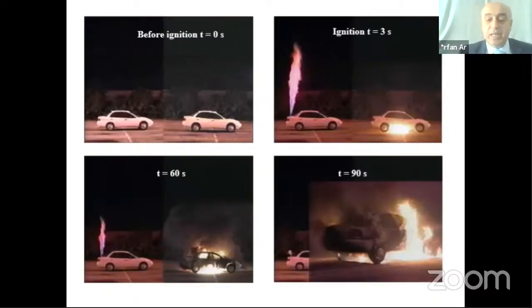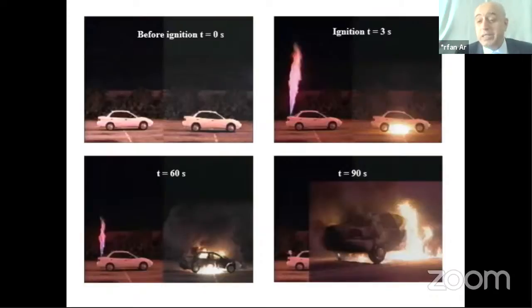And after 60 seconds, you see most of the gasoline-fueled car is damaged, and the people within this car cannot escape safely in this short time. And after 90 seconds, the gasoline-fueled car is completely on fire.